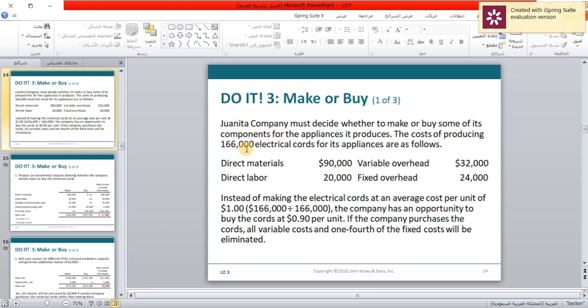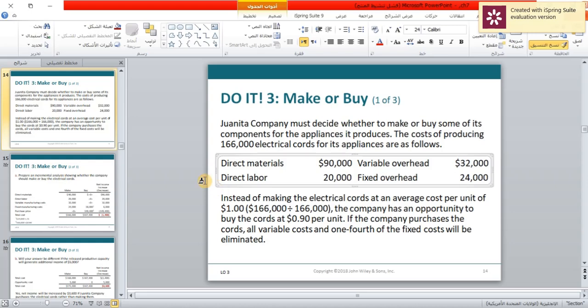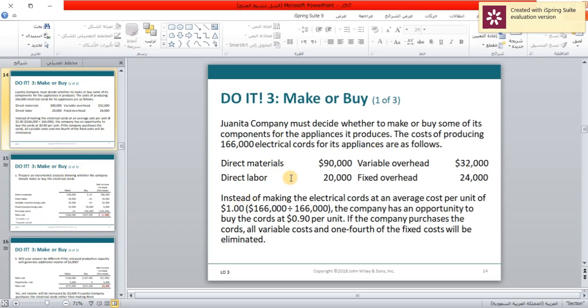Now the company produces 166,000 units, which cost the following: direct material, direct labor, variable overhead, fixed overhead. If we add these costs together, it equals 166,000.